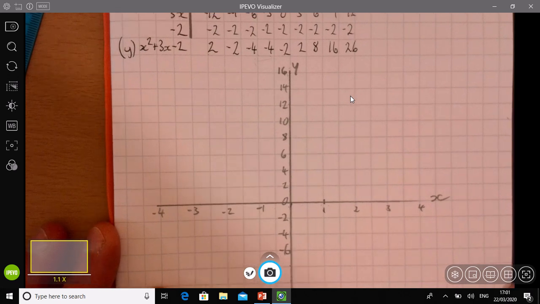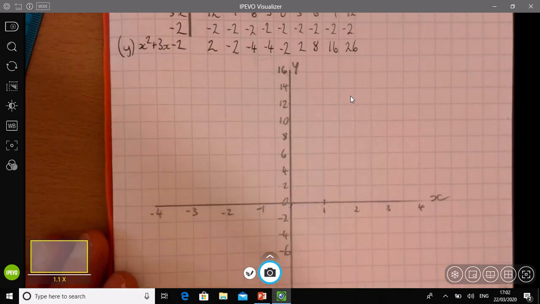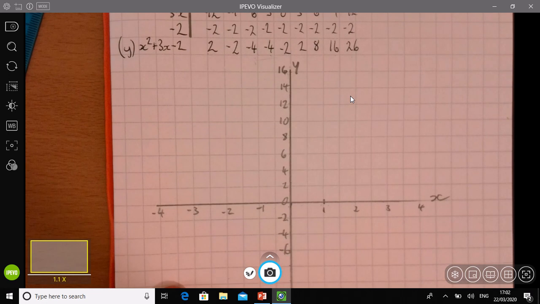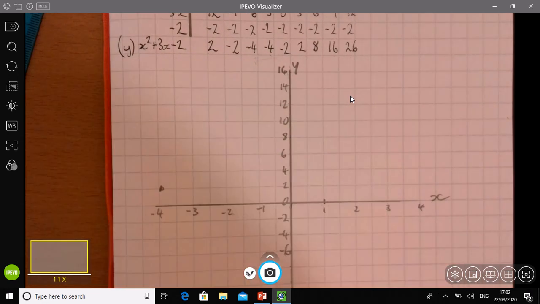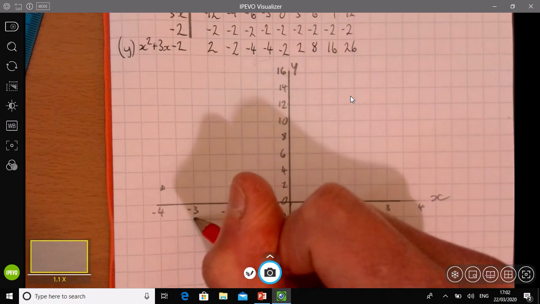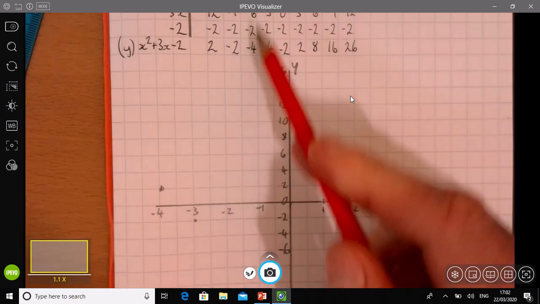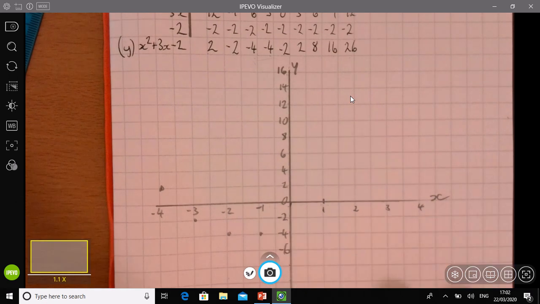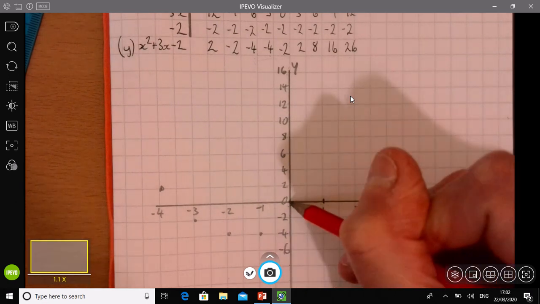Okay, so now let's just go and plot those values. Alright, so we had x is minus 4 and 2. Okay, so let's just make a little mark. And then we got minus 3 and minus 2. So let's make a little mark, be a little cross if you wish. Minus 2, minus 4, minus 1, minus 4. And 0 was minus 2.